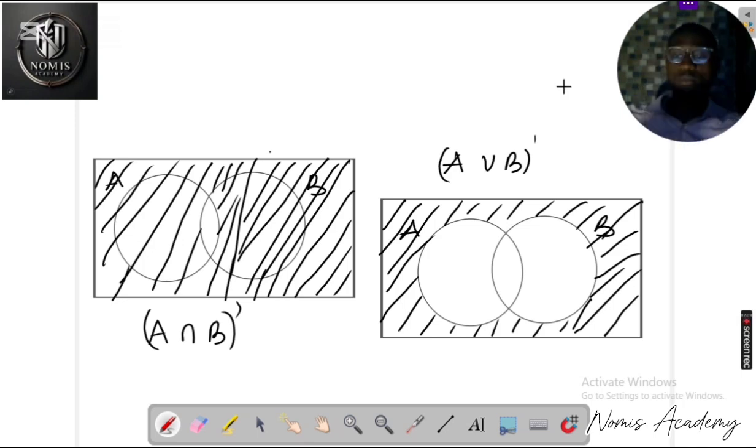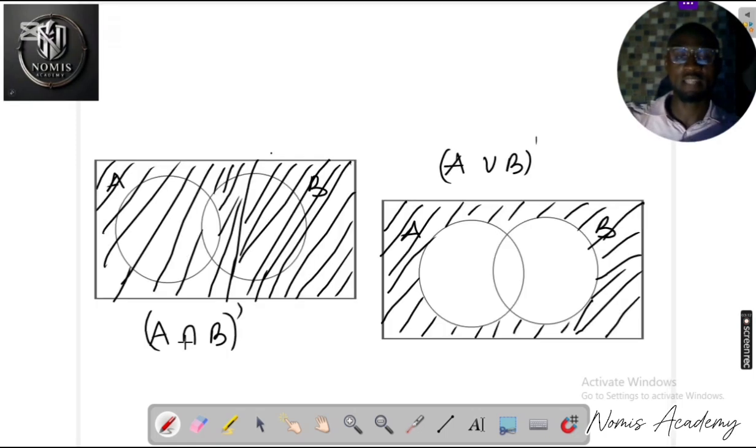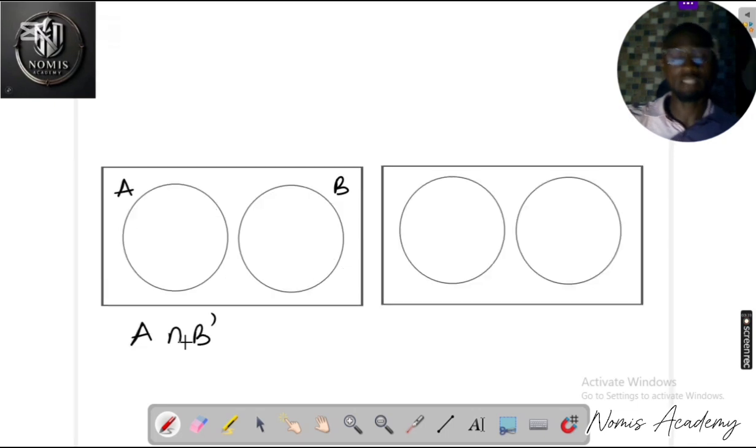So let's take on another example: A intersect B complement. Let's take this as our set A and this is our set B. So there is a difference between A intersect B complement, that is in brackets, and this one.